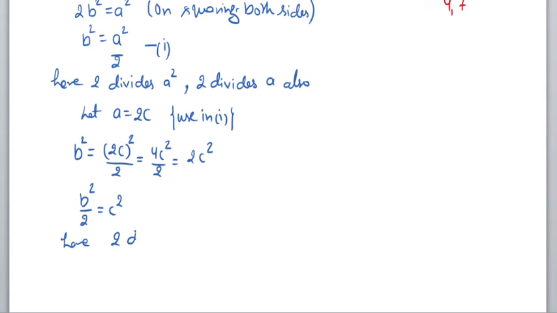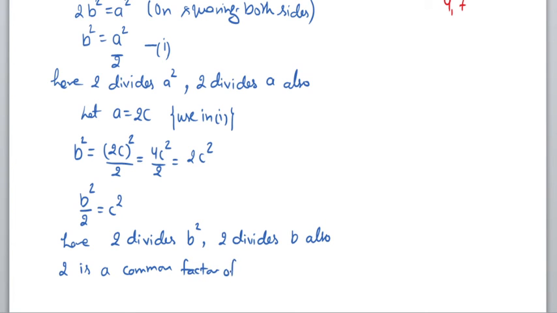So again 2 divides b square, so 2 divides b also, we know the theorem. If 2 divides b, then 2 is a common factor of a and b.